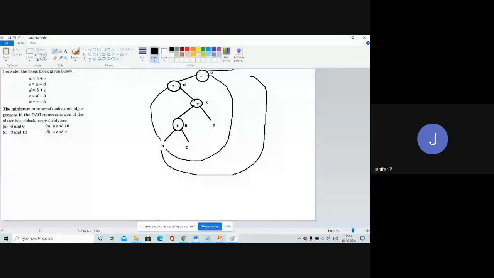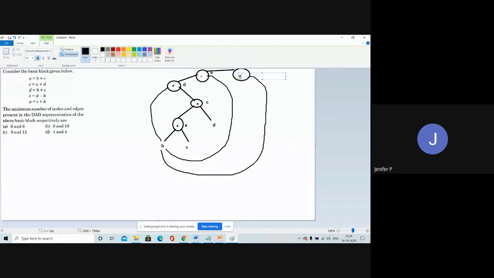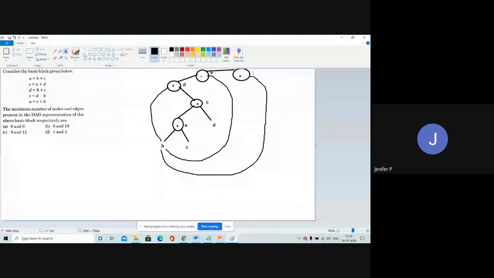Then that can be connected with the operator plus. That is equal to A. Okay. இப்போ பாருங்க, there is no common sub expression எதுமே இல்லை. ஏன்னா கம்மா அப்படின்னு இருந்தாதான் they are equal னு அர்த்தம்.